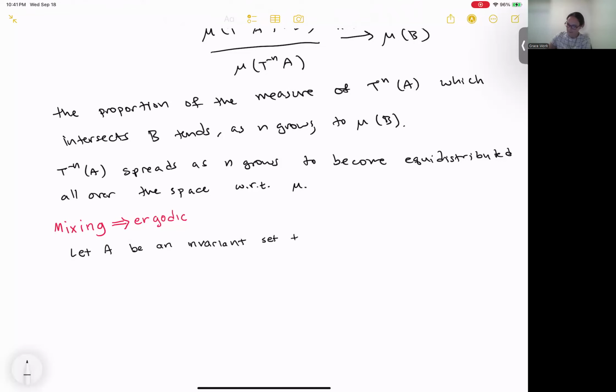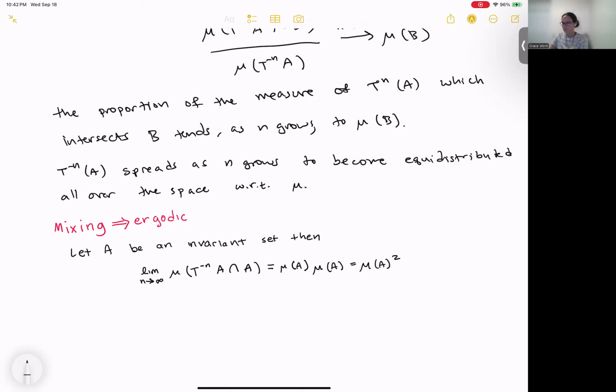Then, since we are mixing, we have the limit as n approaches infinity of the measure of the pre-image of A intersected with A is equal to the measure of A times the measure of A, which is equal to the measure of A squared.